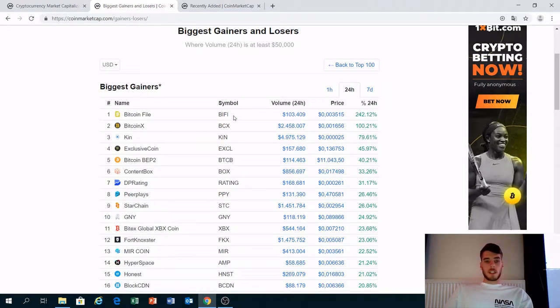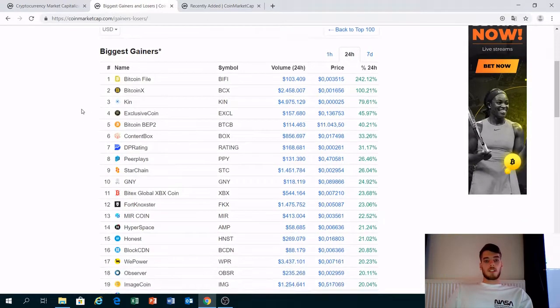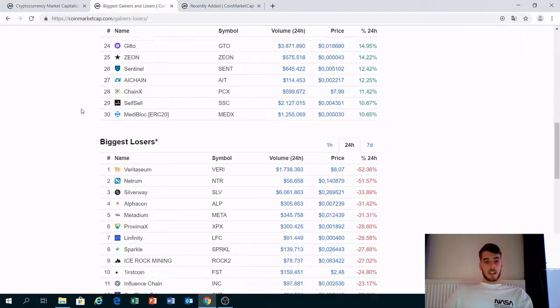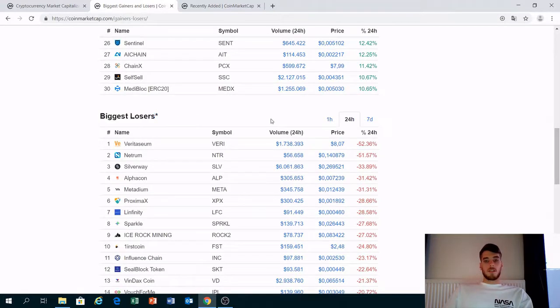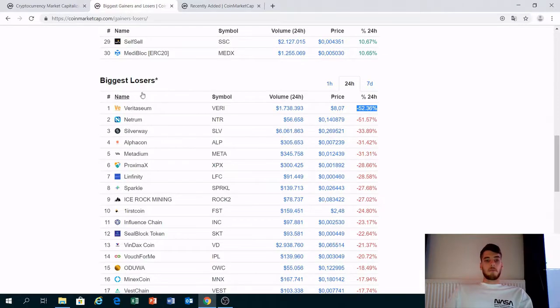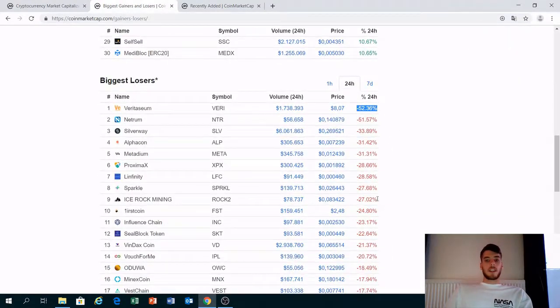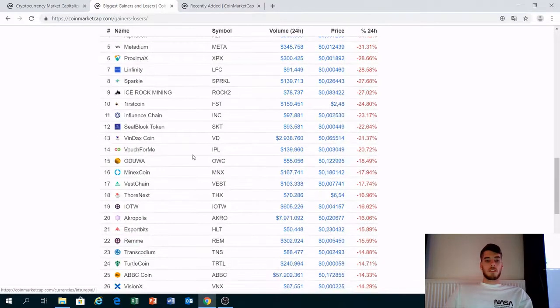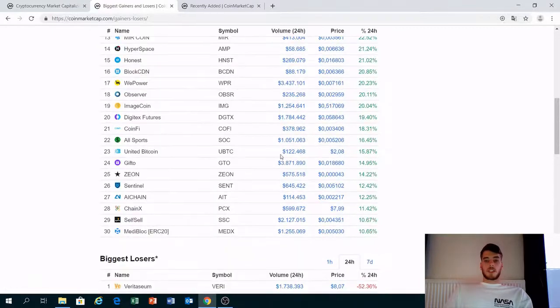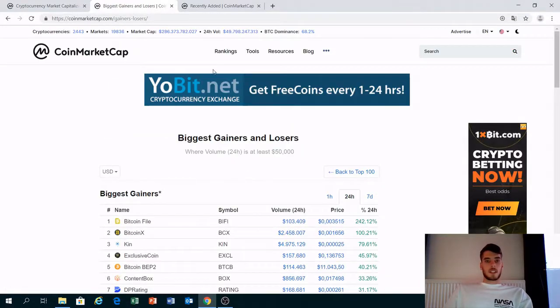It's just ridiculous, but it's easy to pump these shit coins. It's just a pump and dump coin. Of course you can also see the losers. You can see here when they got pumped, and here when these shit coins got dumped. So I wouldn't pay much attention at this exactly.